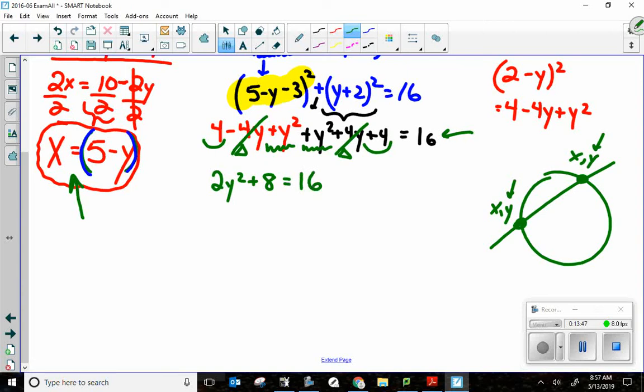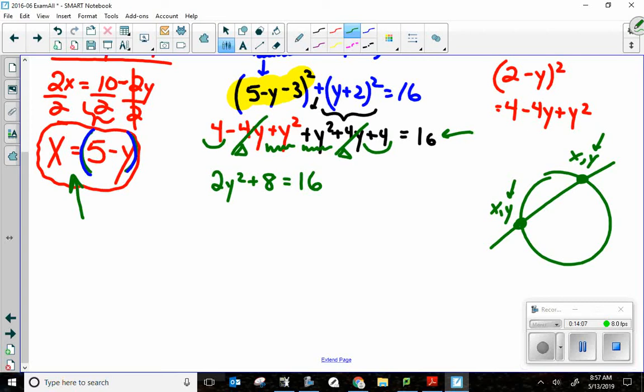Now, there's 2 ways I can proceed from here, and neither one is wrong. I can bring my 16 over, and I can try and factor. I can bring the 8 over because I'm now just solving for 1y, so I can just use opposite math. I can even divide everything by 2 to start, which is what I might end up doing.